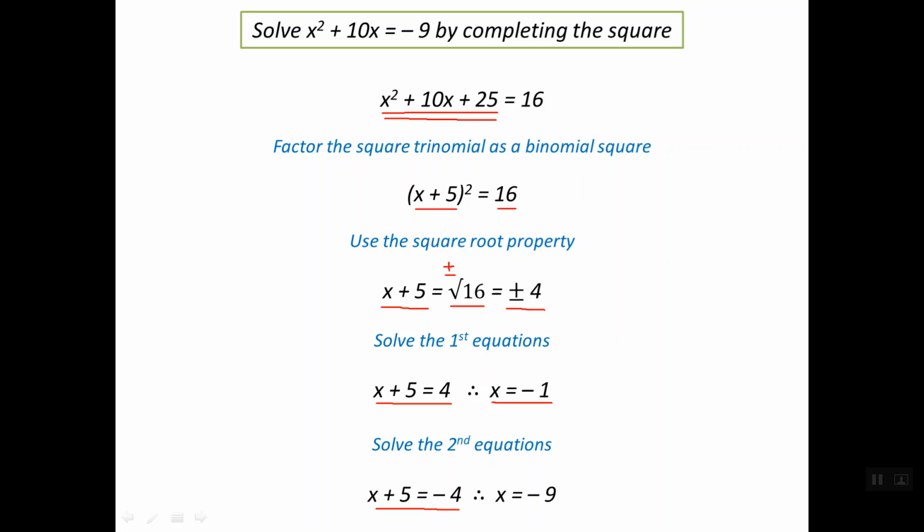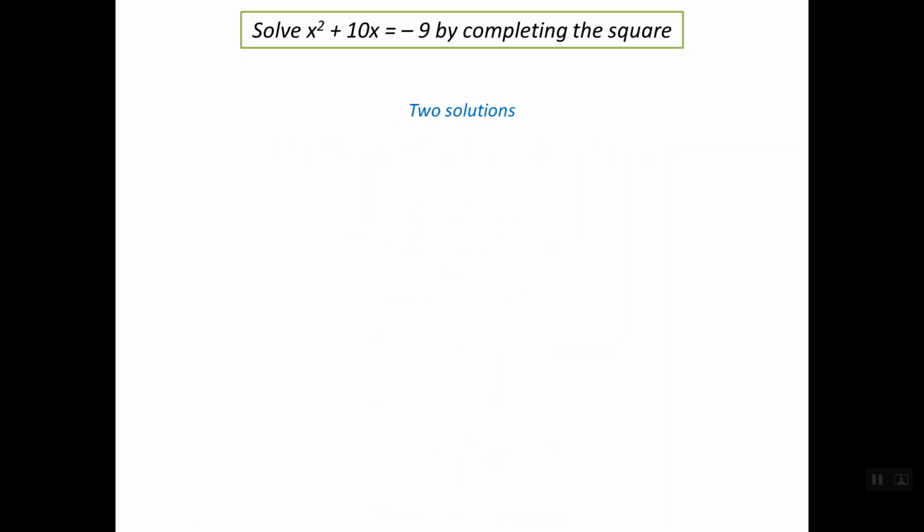So simply we can add minus 5 to both sides, so x becomes alone on the left side. So x is equal to minus 9. So we have two solutions. The first is minus 1 and the second is minus 9.